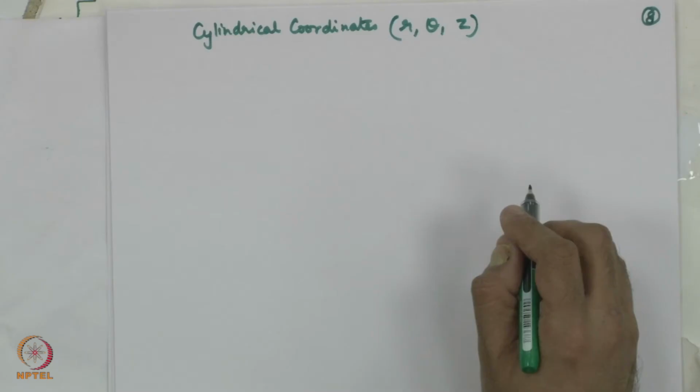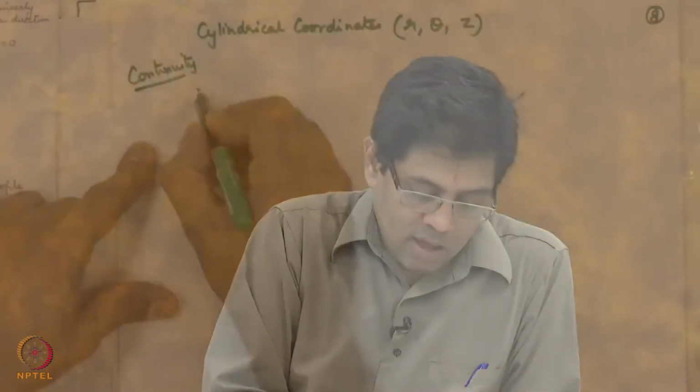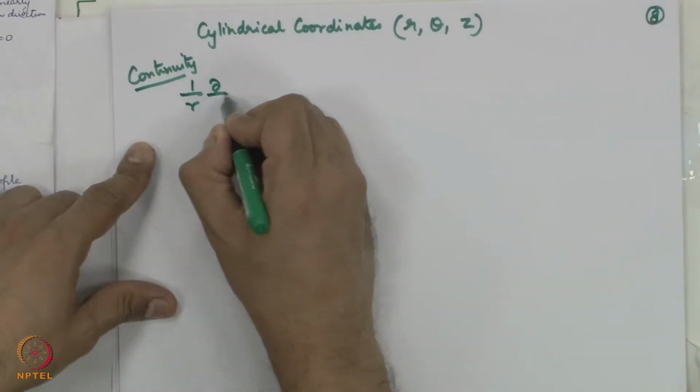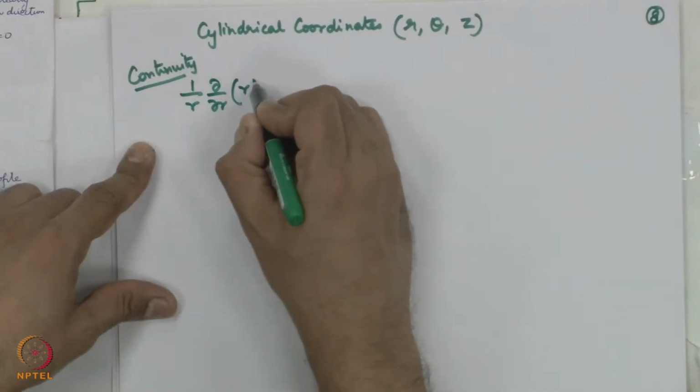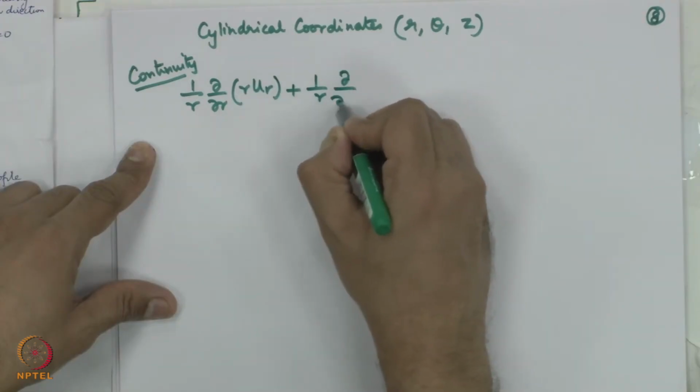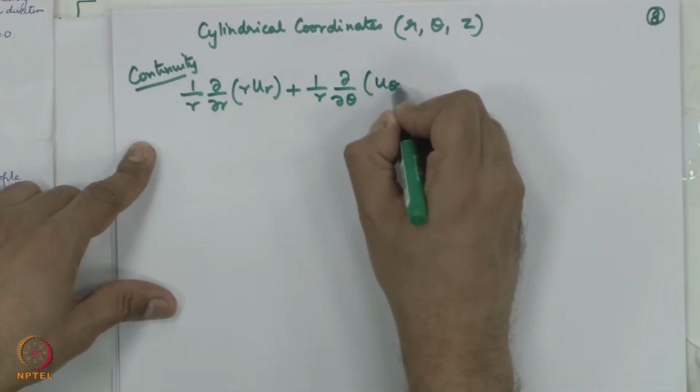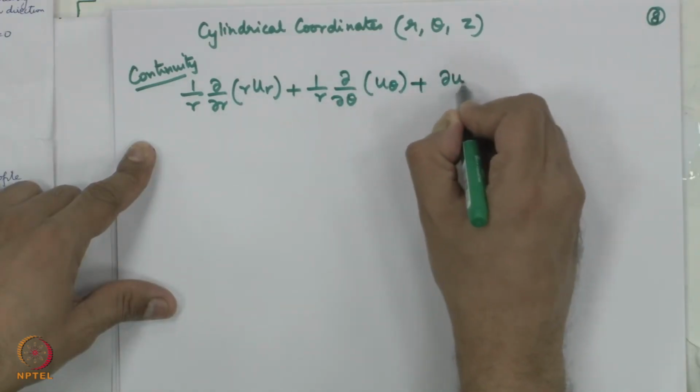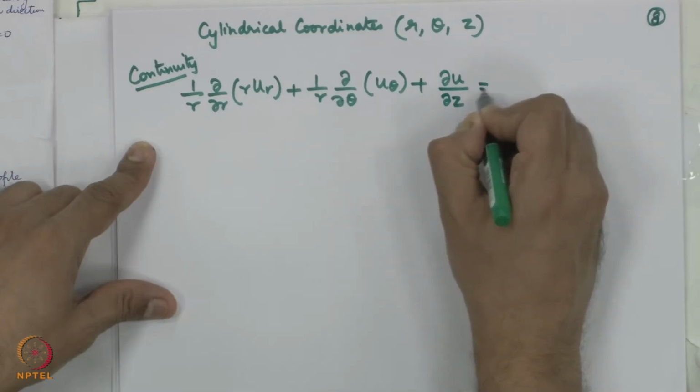The continuity equation in cylindrical coordinates is given by 1 by r d by dr of (r u r) plus 1 by r d by d theta of u theta plus d u z by dz equal to 0.